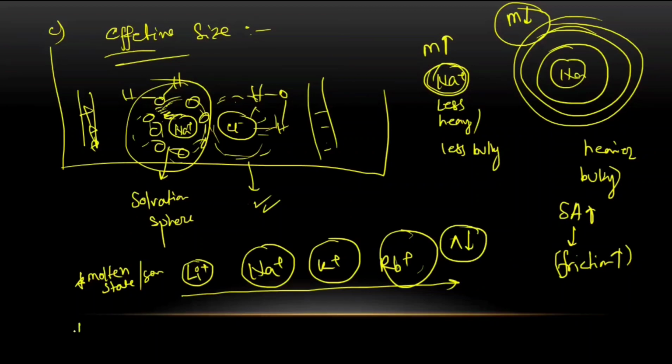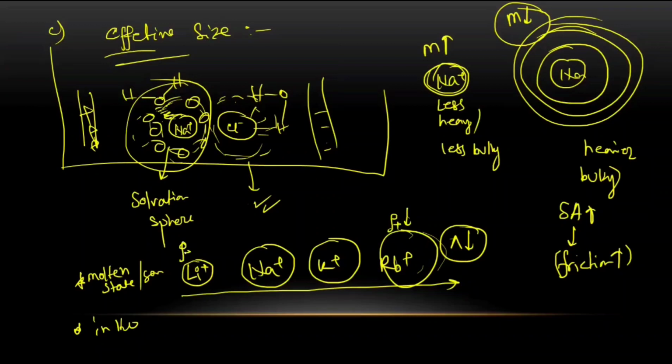Now, in water, what will happen? A hydration sphere will form. Now we know in Li plus, in all these cases, there is one positive charge. In the first case, the positive charge is dispersed in a small sphere, but here the positive charge is dispersed in a larger sphere. So here charge density is less.